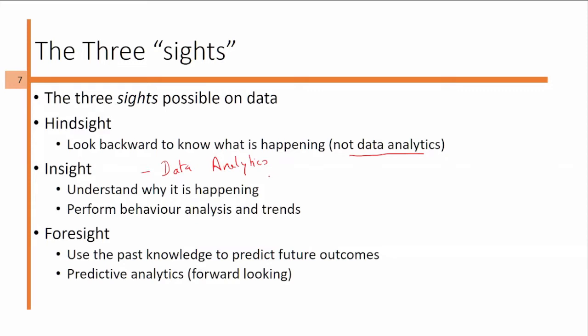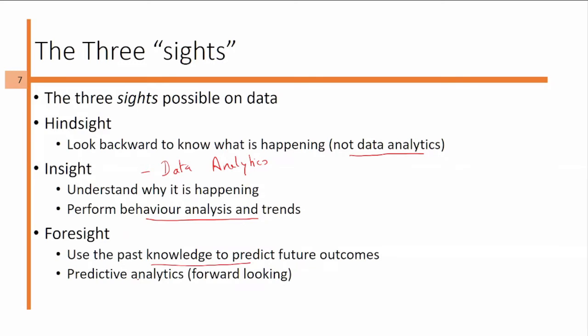For example, if I'm looking at sales records, in the first quarter, what is the sales volume? In the second quarter, what is the sales volume? In the third quarter, what is the sales volume? That is data analytics or insight. We are looking at a trend, but we are not doing any prediction here. And when we look at this past knowledge and try to predict, then this is foresight.